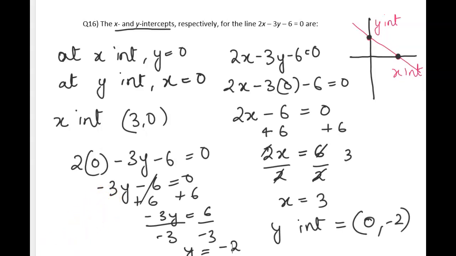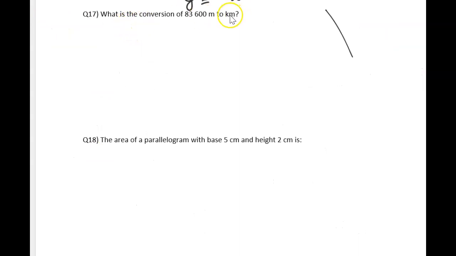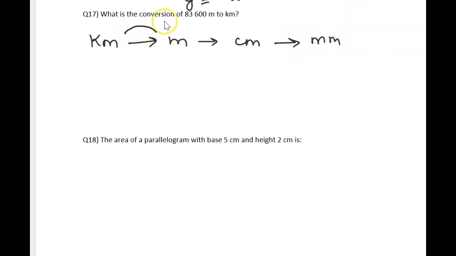Now let's look at some of the questions about measurement. You're converting meters to kilometers. What is the relation? Always make sure you have this relation: kilometer to meter to centimeter to millimeter. A kilometer, you times it by 1000. Meter to centimeter, you times it by 100.